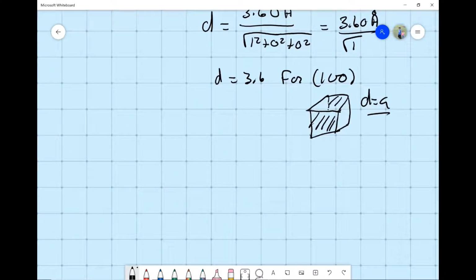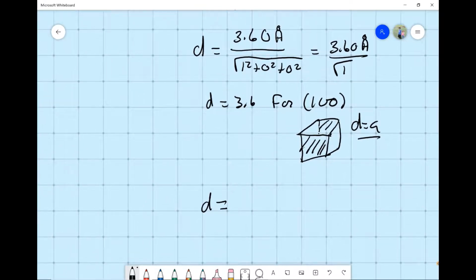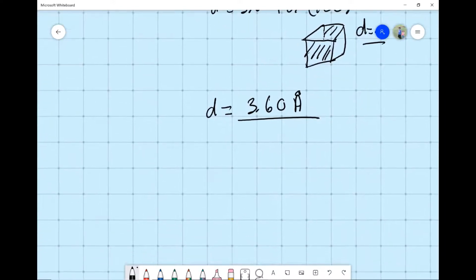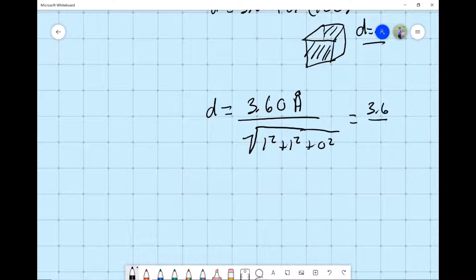Let's just try D equals 3.60 angstroms over the square root of 1 squared plus 1 squared plus 0 squared, equals 3.6 over the square root of 2 angstroms.